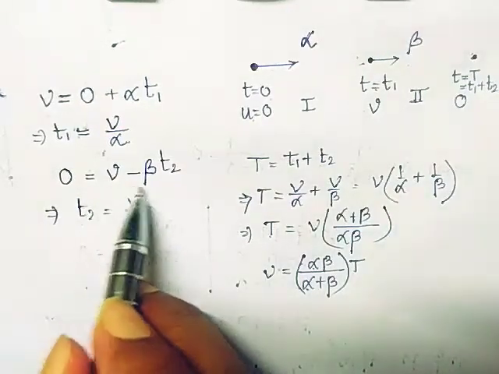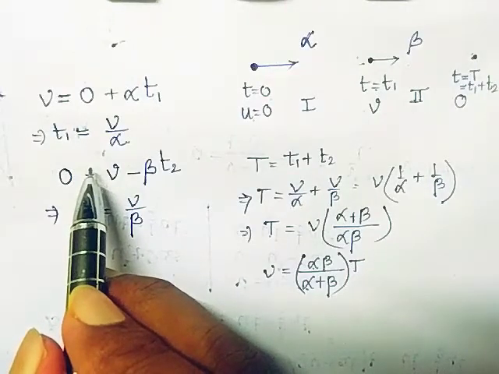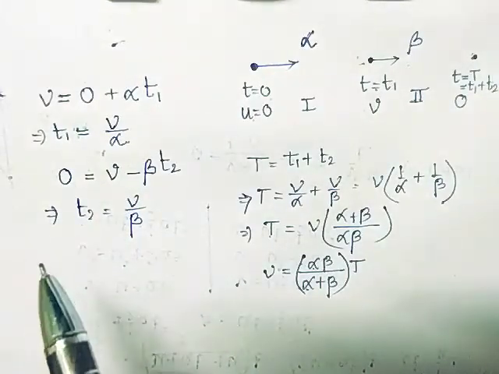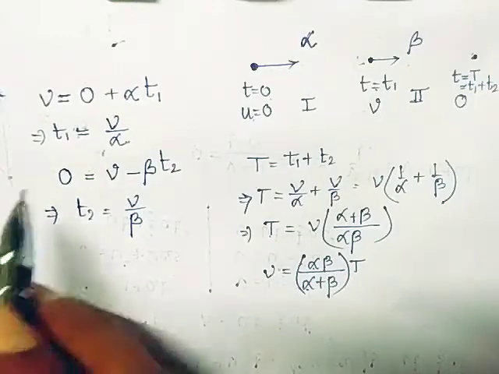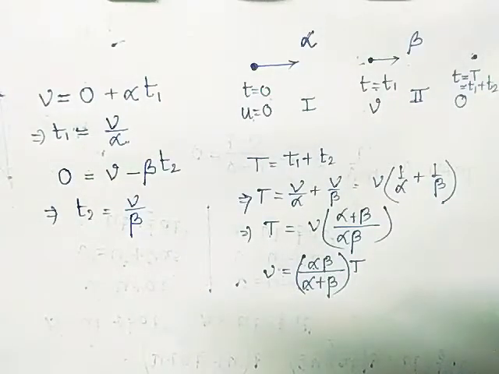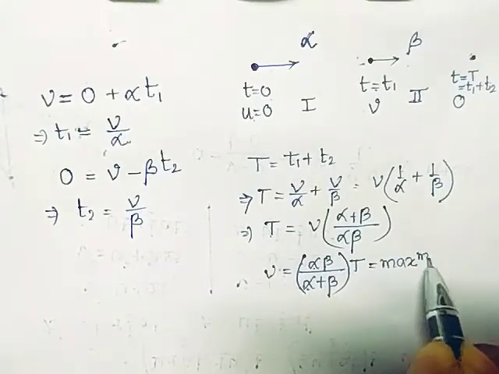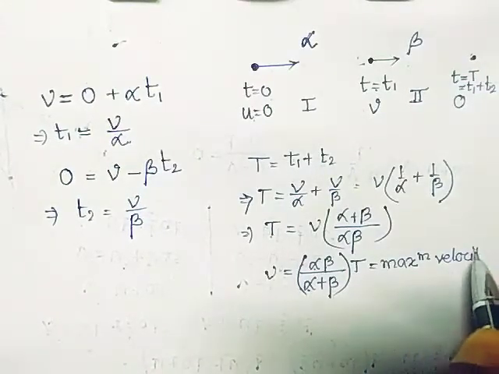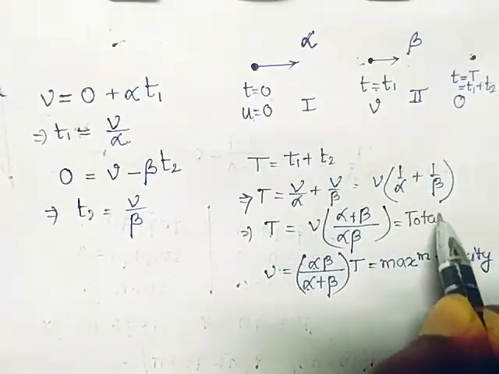Here we have written down the vector equation, and we have not used the vector notation arrow above it, because what is the cause behind this I have told in the previous lectures. Why we have not used the vector sign or vector notation just above the velocity and the accelerations. So this is the maximum velocity attained by the particle, and this is the total time.